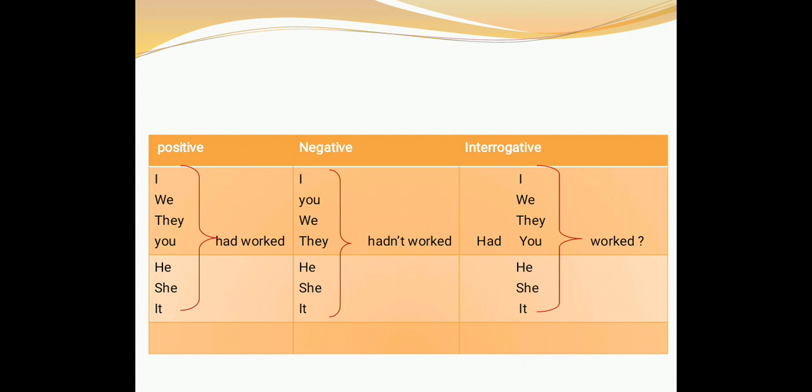Now let's look at the question. As we know, when it's the question form, we have to change the order of the sentence. Now we start with had. For example, had I worked, had we worked, had they worked, had you worked, had he worked, had she worked, had it worked.